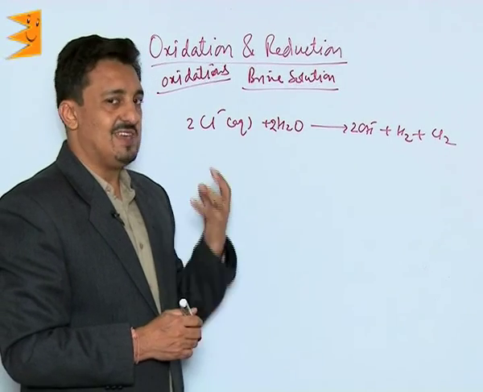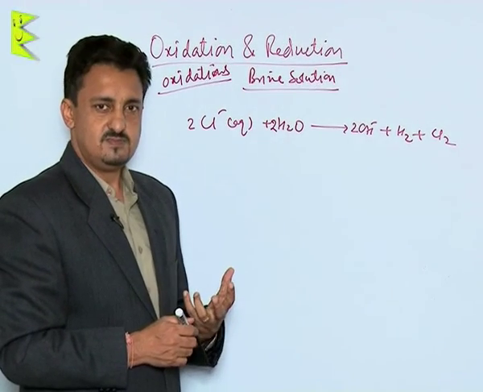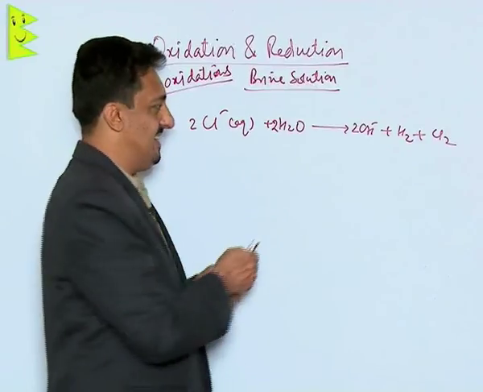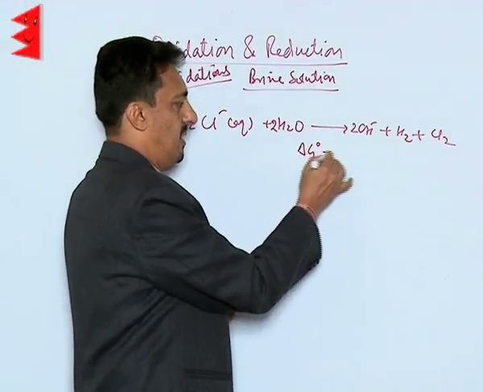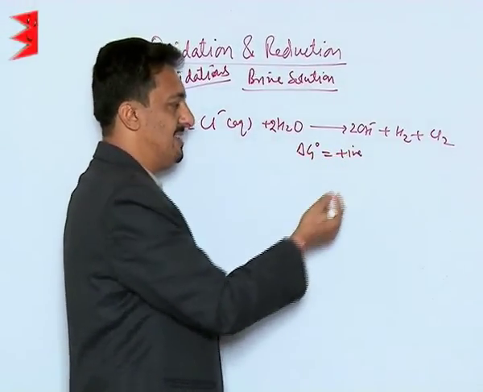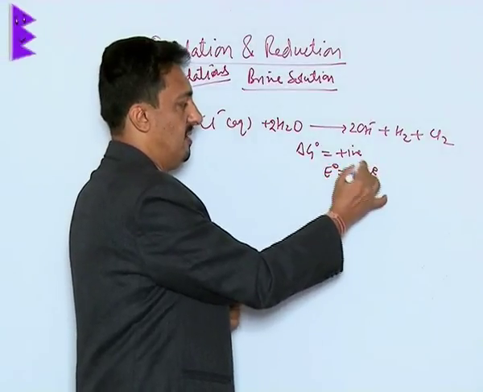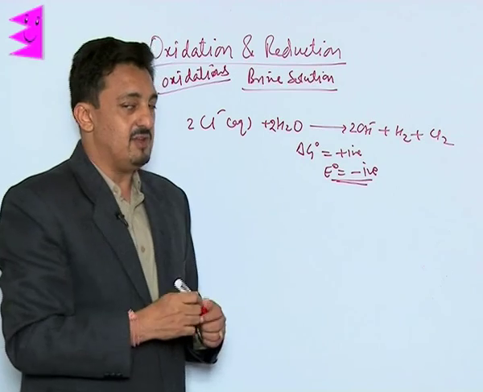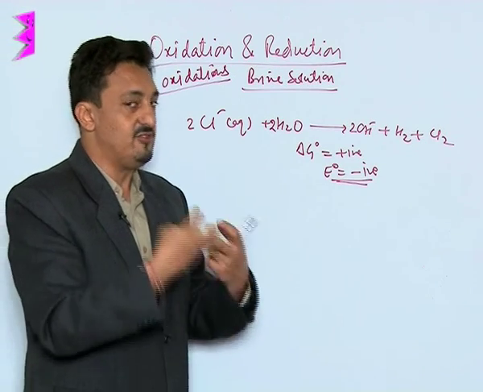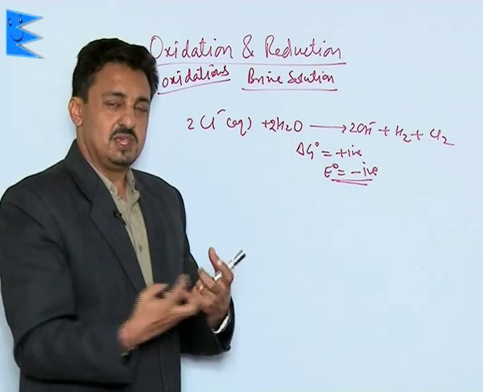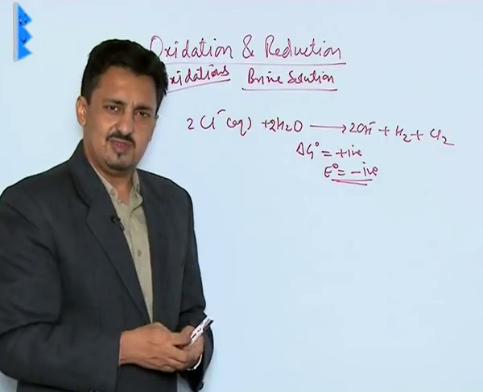This reaction cannot take place on its own because its delta G is positive. Once its delta G is positive, you can easily imagine its E naught will come out to be negative, which means it will not take place on its own. So it is done by using an external source of energy in the form of electrical energy.